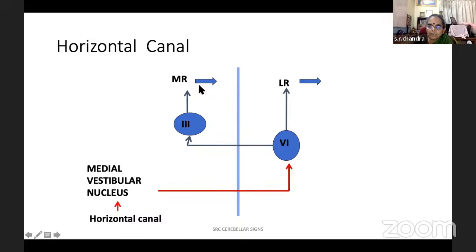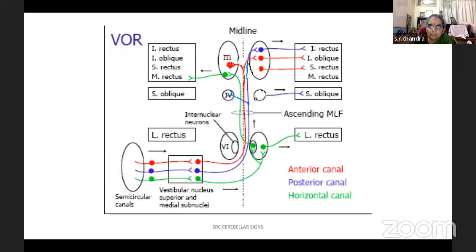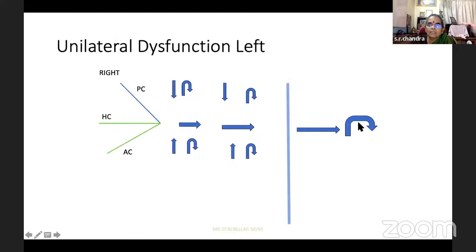So one side is damaged in this patient. Let us imagine this side is damaged. This depression and this elevation will cancel. This depression and this elevation will cancel. Horizontal, there is nothing to cancel. Here there is intorsion, here there is extorsion, so torsion cannot cancel.